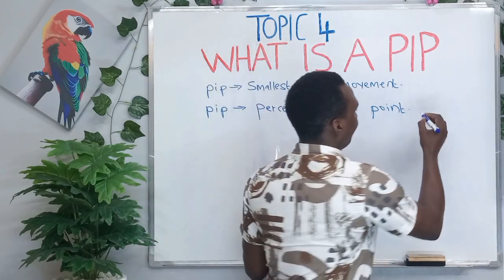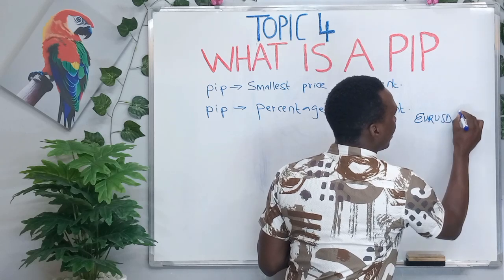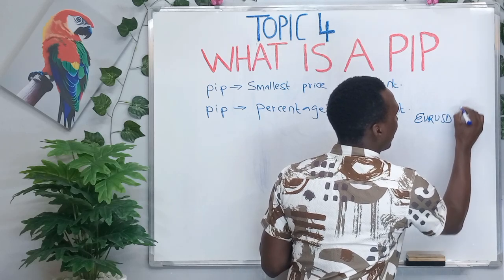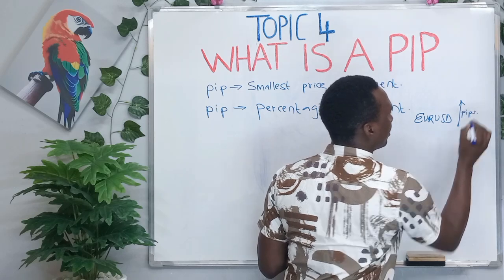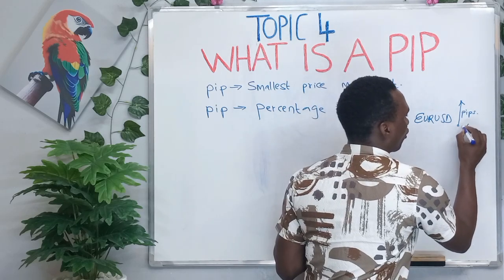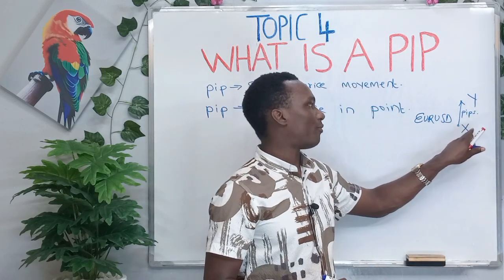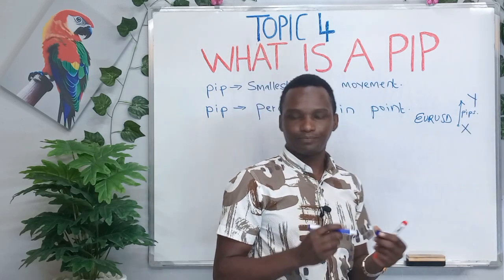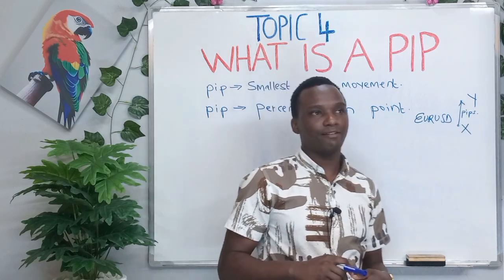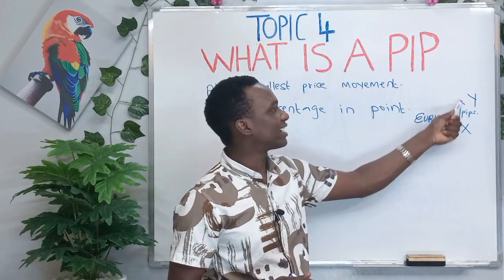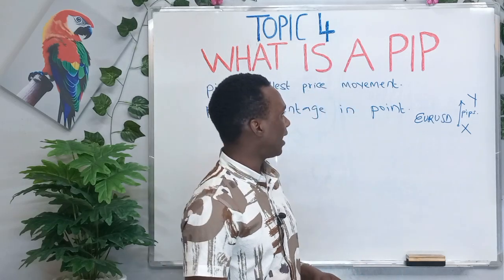Let's say if we have our favorite pair, Euro USD, if it changes value from here upward, the change in value is what is called a pip. So if it moves from point X to point Y, the change from X to Y is what is called a pip, okay? This is an increment in value. So we say that it has increased in pips or in value, all right?